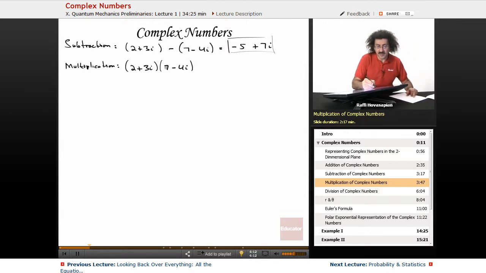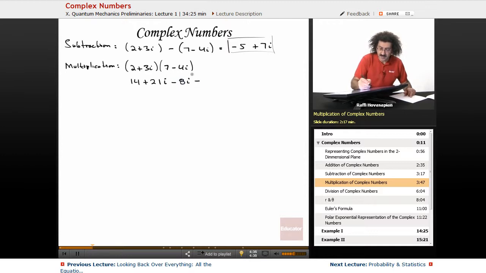So we're going to do this with this, the inside, the outside, that same thing. Or if you want this with this, and then this with this. How you do it actually does not matter. So 2 times 7, we have 14. And then we have, I'll just do the inside, plus 21i. We have minus 8i.